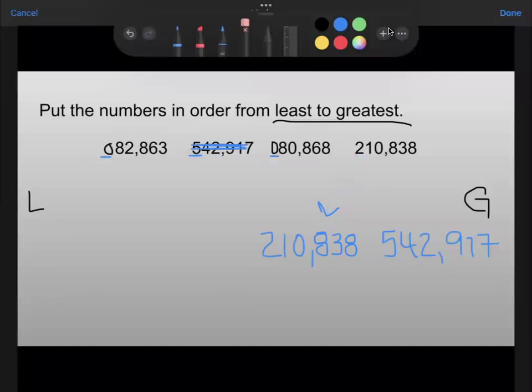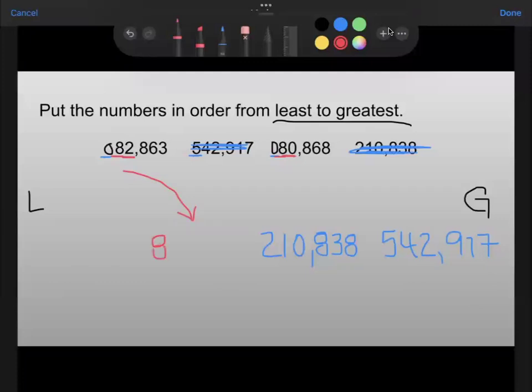Okay, let me go ahead and clear that up and cross that one off because that one is done. Now we're going to keep working on these last two numbers to figure out where they go. So we've got an 8 here and an 8 here, so that's the same. A 2 here and a 0 here. Okay, so since 2 is greater than 0, that number is going to go right here.